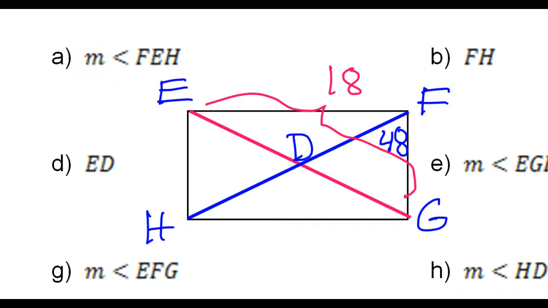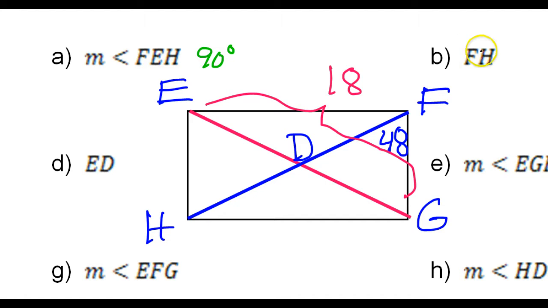First, we have to find the measure of angle FEH. That should be automatic. FEH is this corner right here. How big is this corner? It's a rectangle. It's 90 degrees.